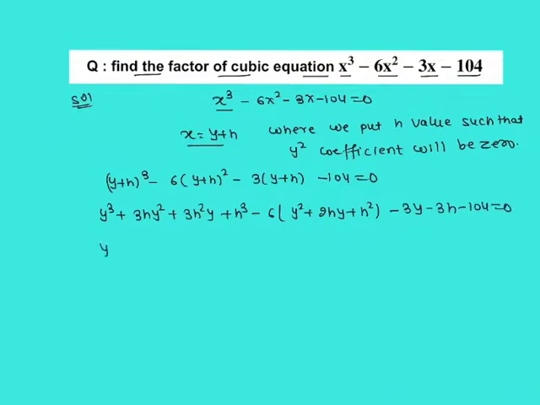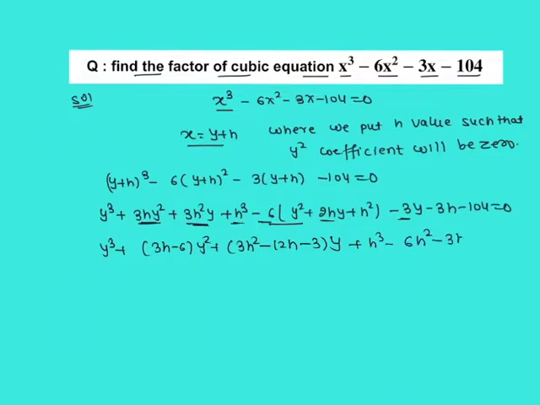So this will get us y cube plus y square coefficient is 3h minus 6 into y square plus y coefficient is 3h square. From here minus 6 into 2h, that is minus 12h, and from here we will get minus 3 into y plus constant term is h cube minus 6h square minus 3h minus 104 equal to 0.